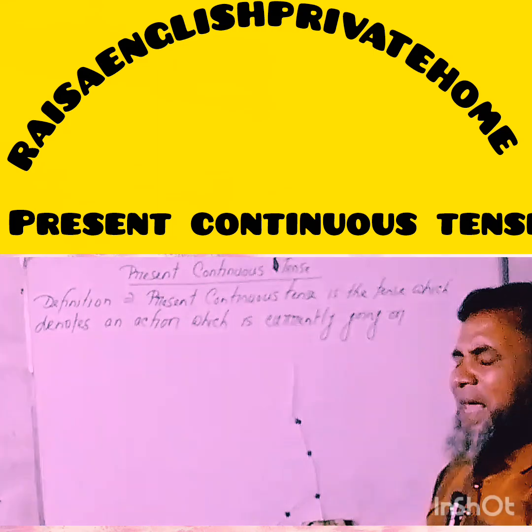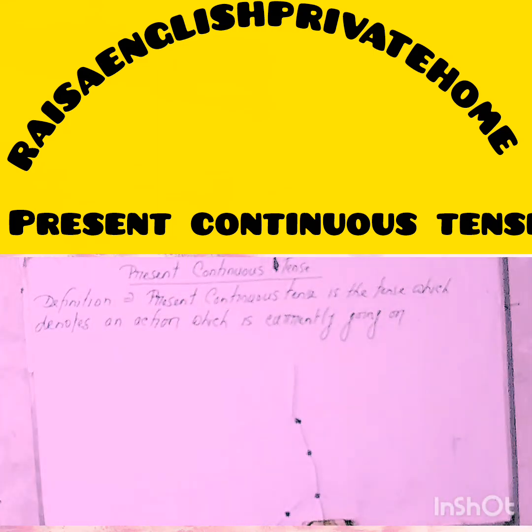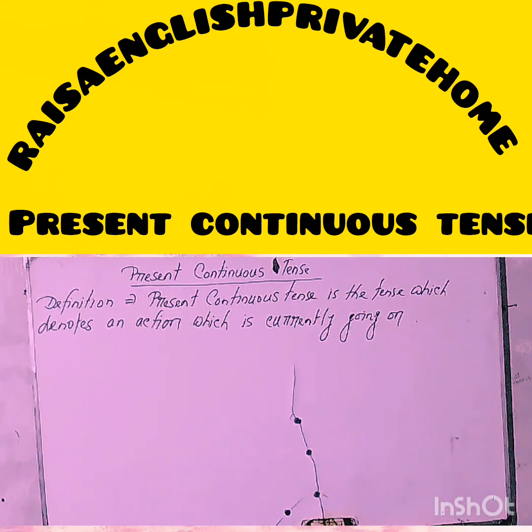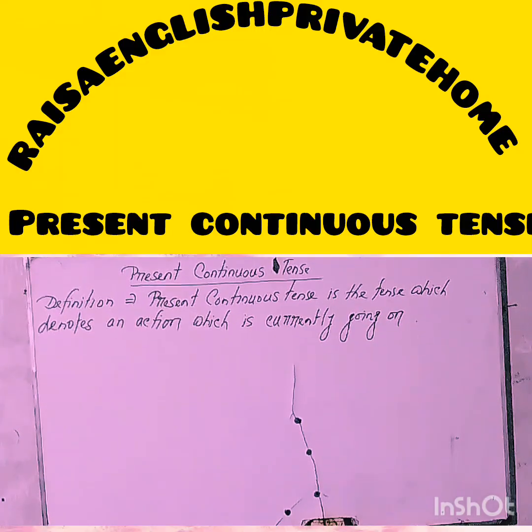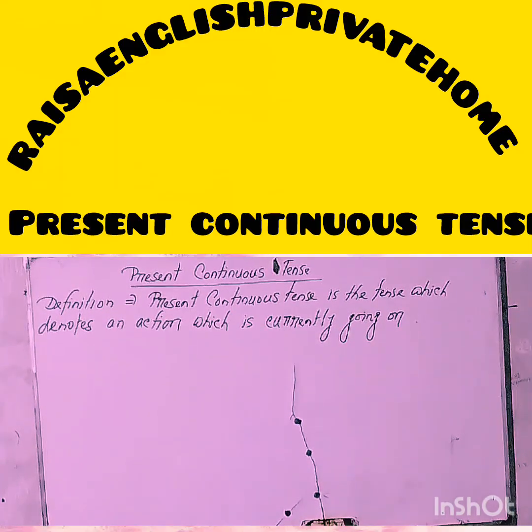Okay, if you want to define present continuous tense, we can say that present continuous tense is the tense which denotes an action which is currently going on. Okay, my dear learners, I hope you have understood clearly.